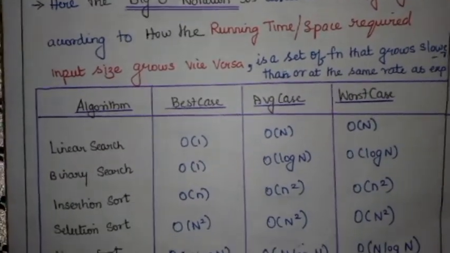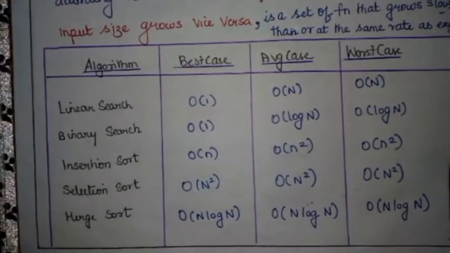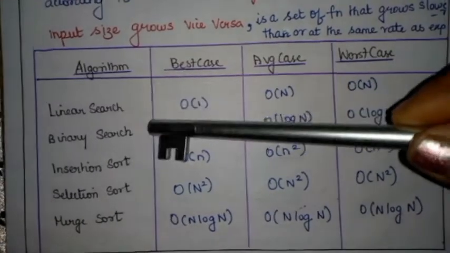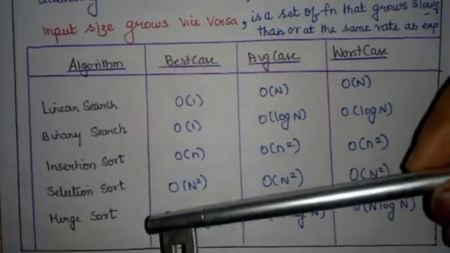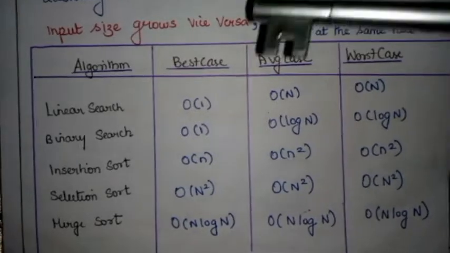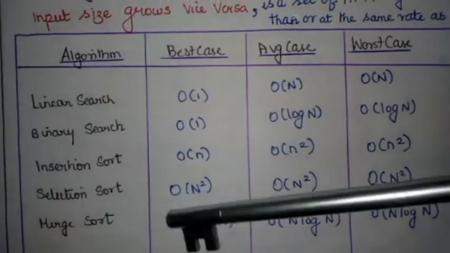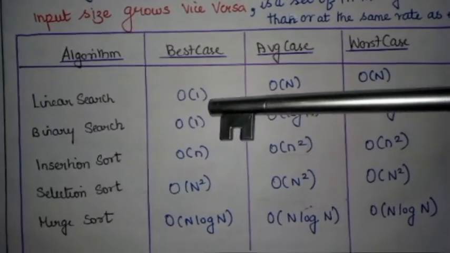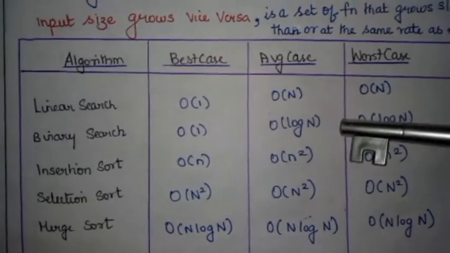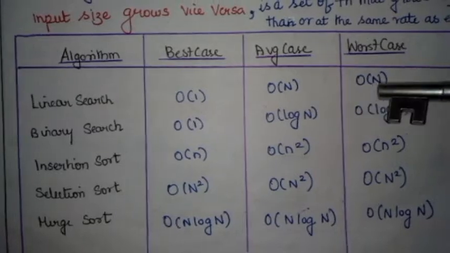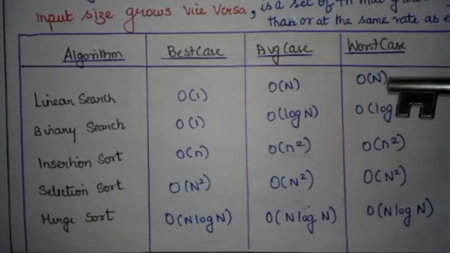Okay, so these are the various big O notations of the various searching and sorting algorithms, which are split up into best case, average case, and worst case. Linear search has best case big O of 1, average case big O of n, worst case big O of n.